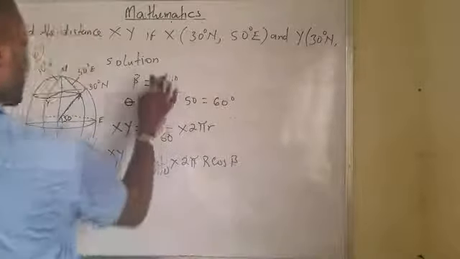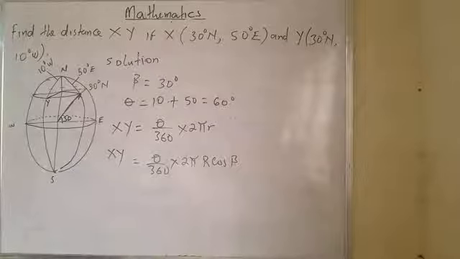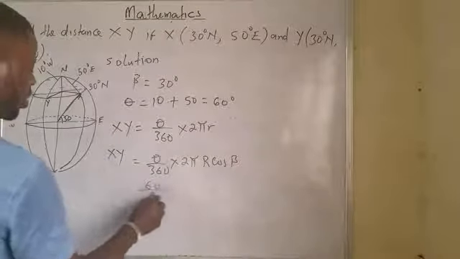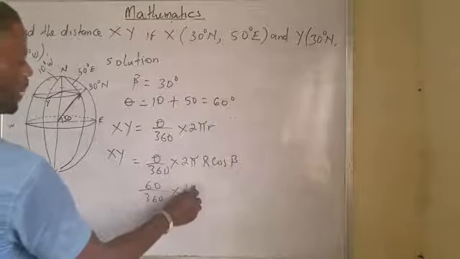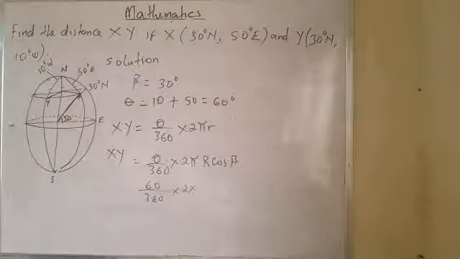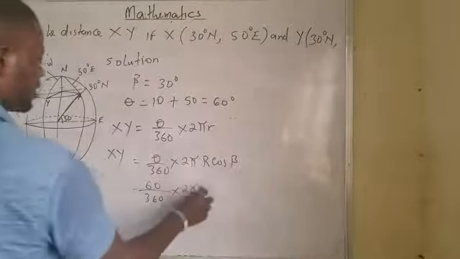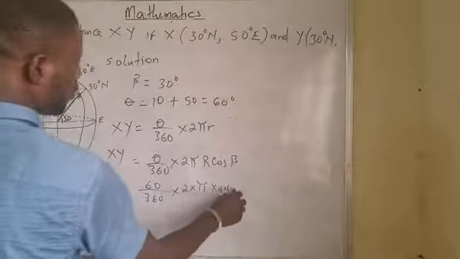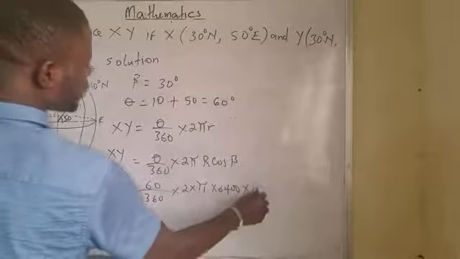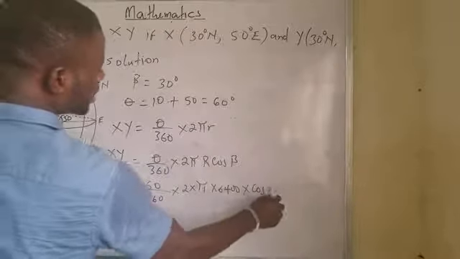Now my beta is 30 degrees, which I will now continue by having 60 all over 360 multiplied by 2 multiplied by pi multiplied by 6,400 multiplied by cos 30.